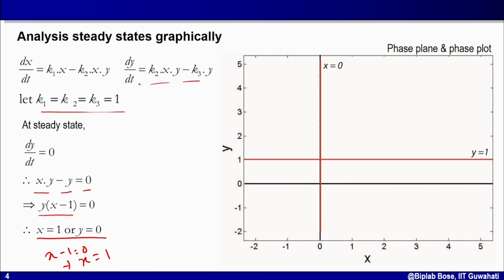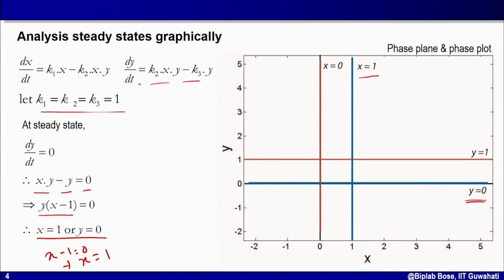Just like the previous case, let me plot this x equal to 1 and y equal to 0 in this phase plane. The blue lines I have drawn represent these two solutions. The vertical blue line is x equal to 1, and the horizontal blue line along the axis is y equal to 0.